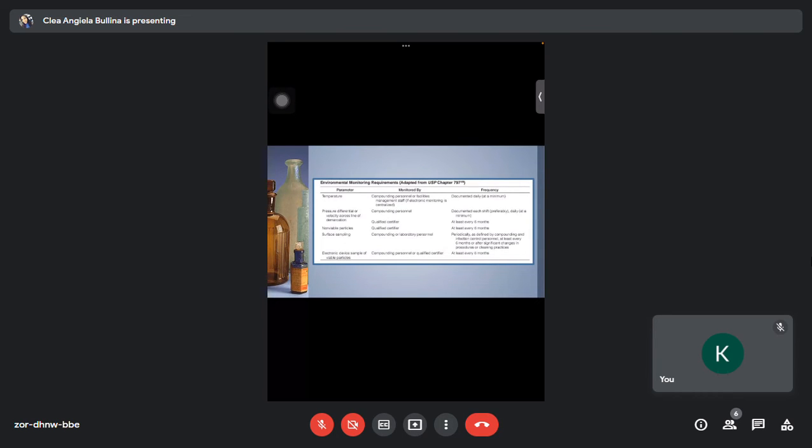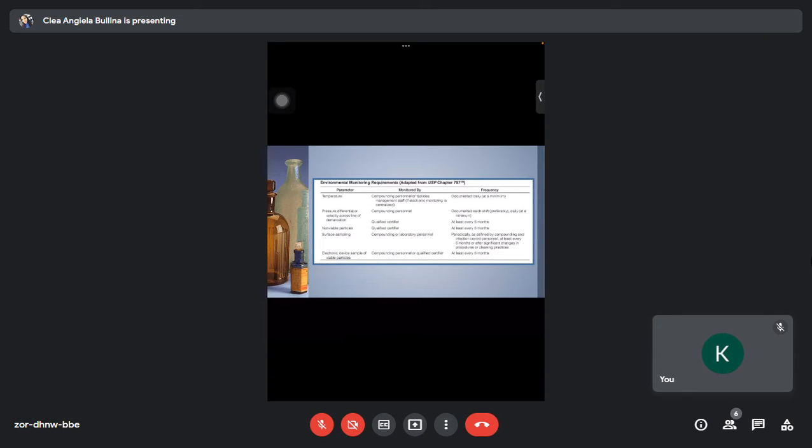Ito yung kanilang environmental monitoring requirement parameters. We have temperature, pressure differential or velocity across line of demarcation, non-viable particles, surface sampling, and also electronic device sample of viable particles.